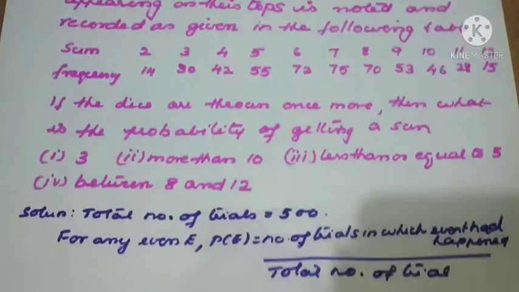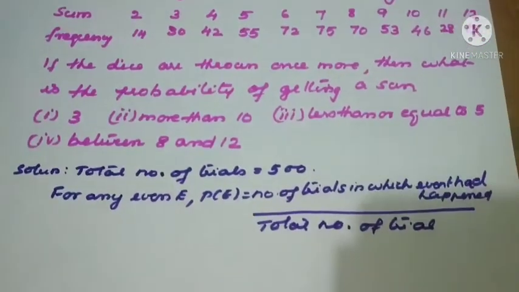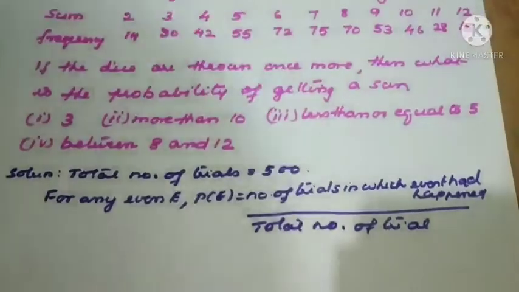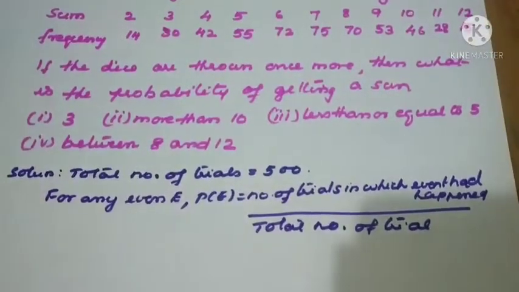So always write the formula and the total number of trials, then we can go for each sub-question.